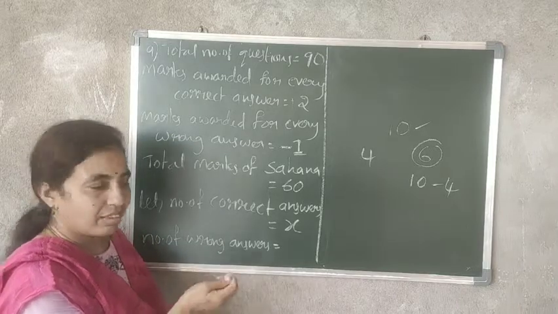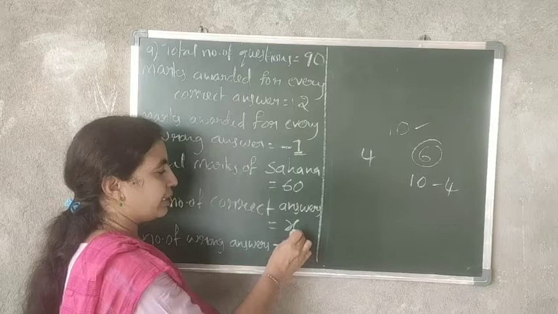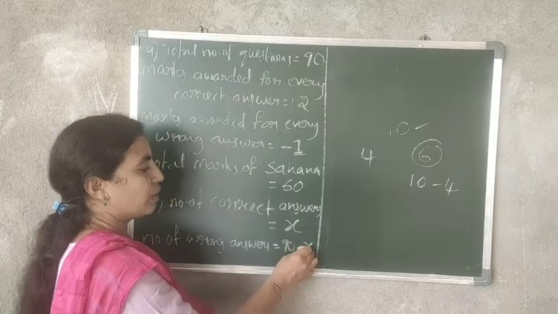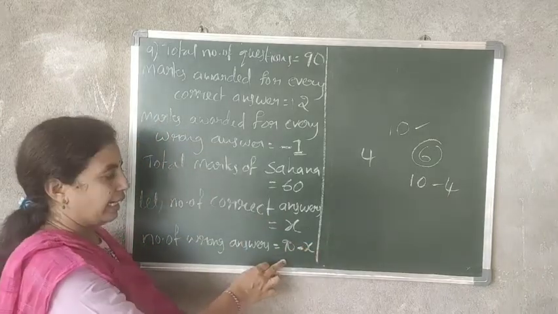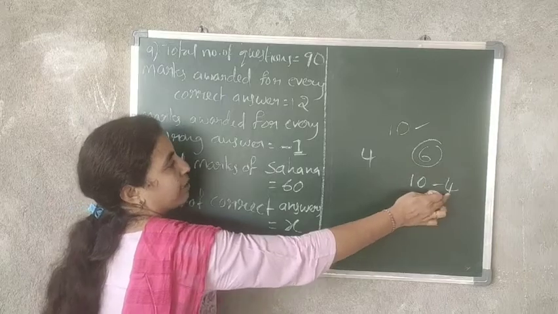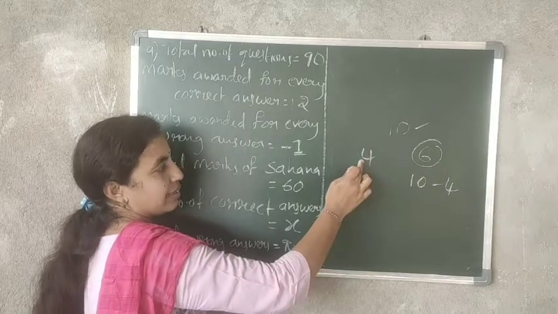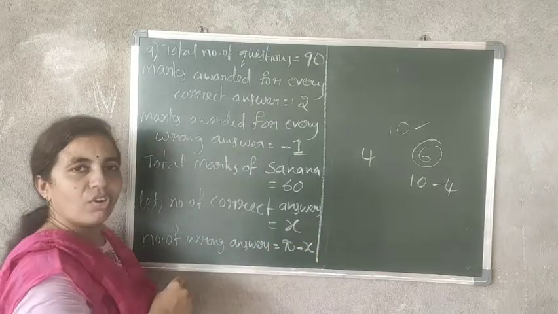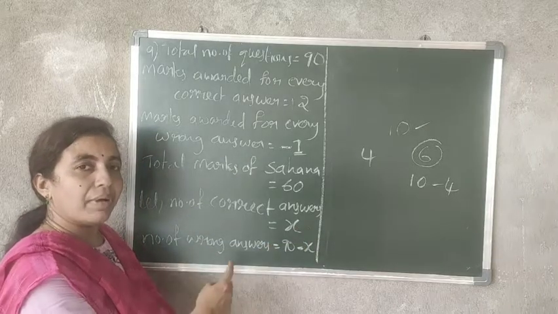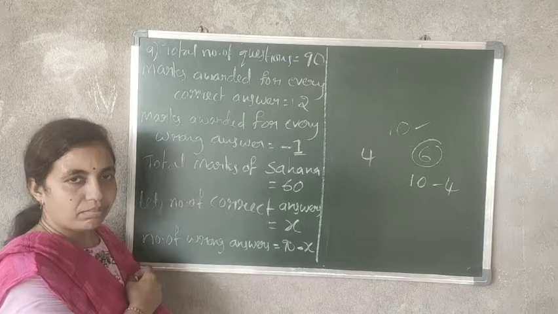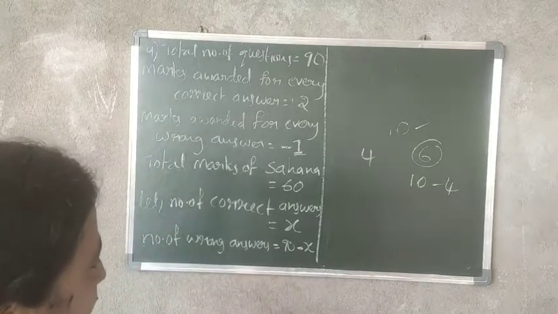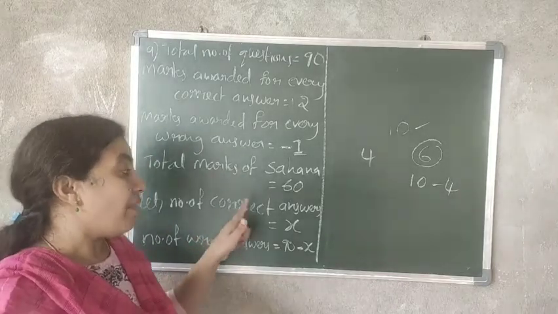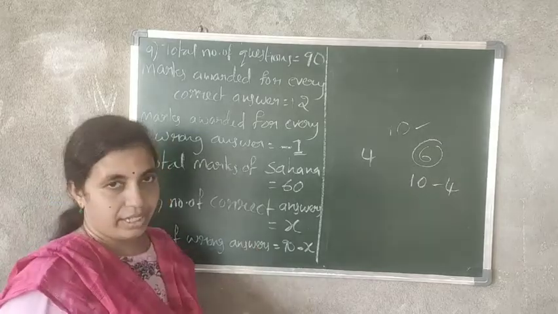From the total, just subtract correct answers so that you will get wrong answers. 90 minus x, same as 10 minus 4. Total minus correct answers. So you got wrong answers: 90 minus x.